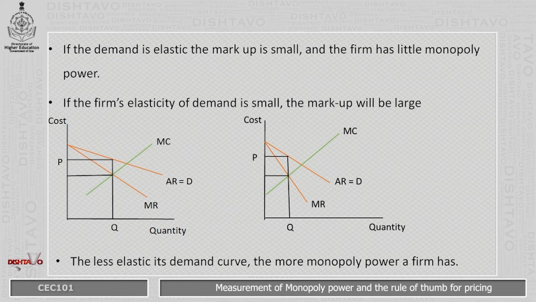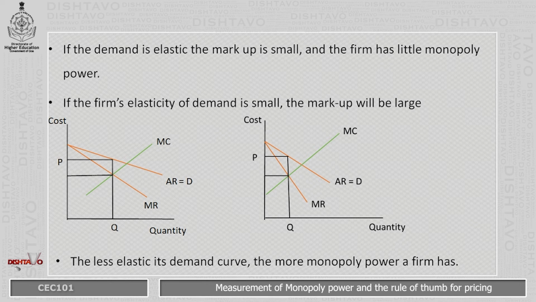A general conclusion we make here is that if the demand for the monopolist's product is elastic, the markup is small, as shown in the figure, which has a flatter, elastic demand curve. A flatter demand curve means the demand of the monopolist is more elastic, and it also means the firm has little monopoly power in the market.